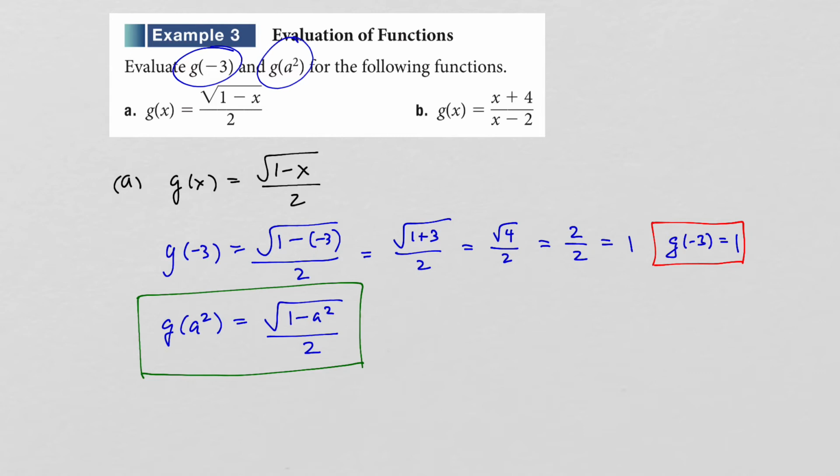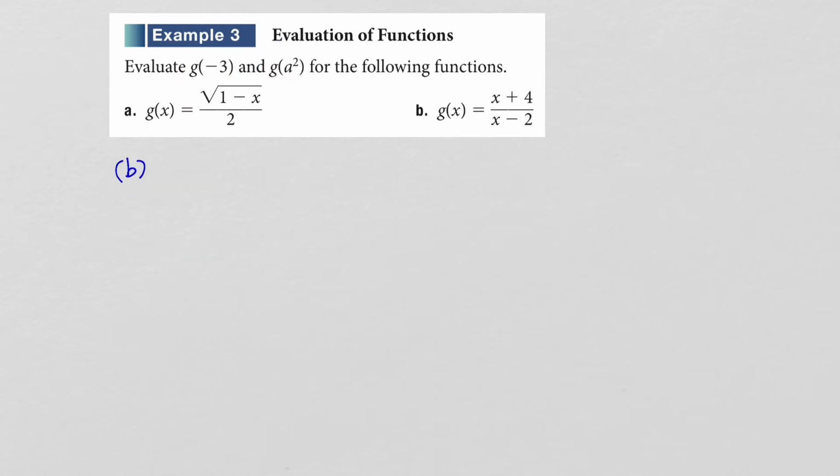All right, let's look at the second part there. So for part B, we have g of x is equal to x plus 4 divided by x minus 2. And the first we want to do here is g of negative 3. So g of negative 3 says we are going to plug negative 3 in for x. So that means each one of these x's here on the other side gets replaced with negative 3.